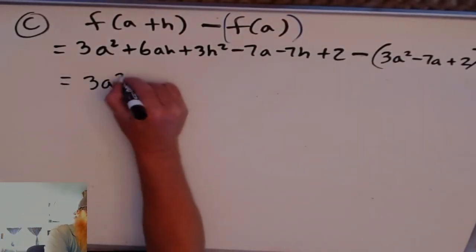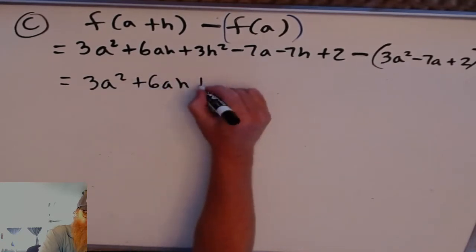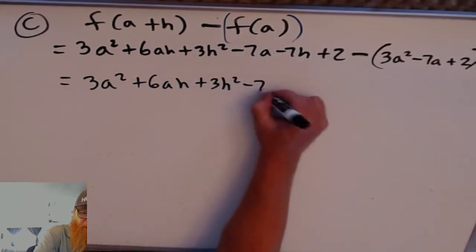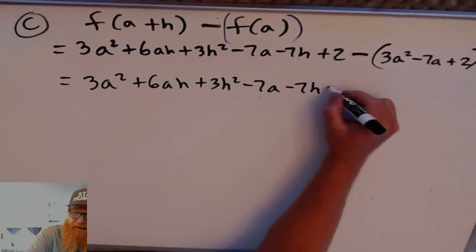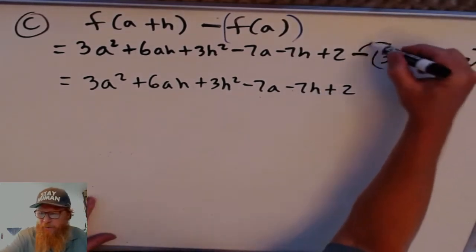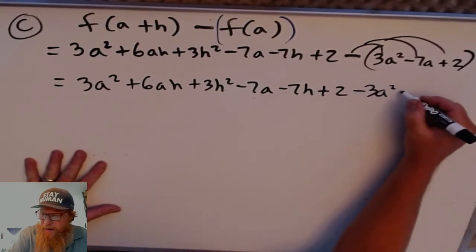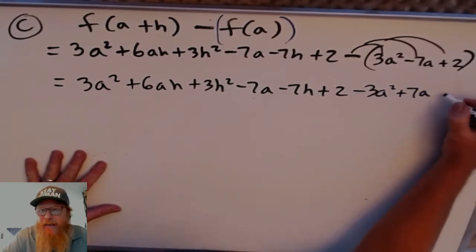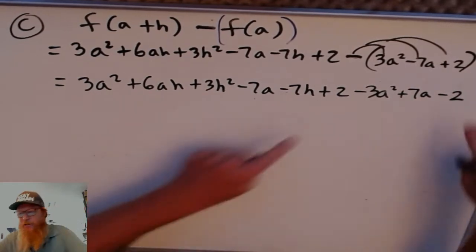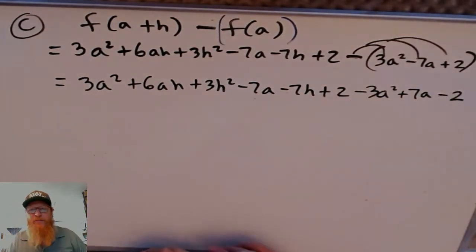So now I've got 3a squared plus 6ah plus 3h squared minus 7a minus 7h plus 2. Distribute that negative. So that's negative 3a squared, positive 7a, and negative 2. Be really careful with signs.